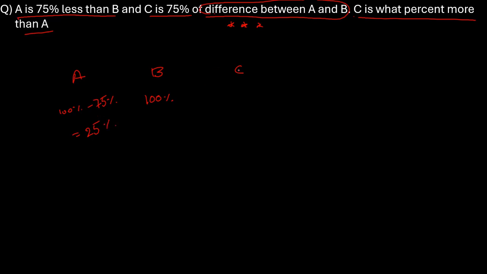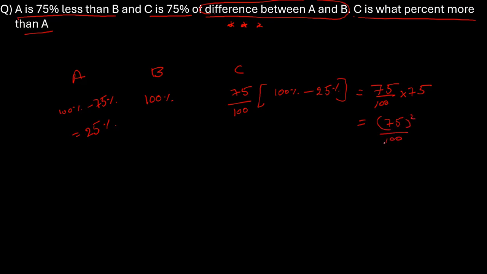And C is 75% of the difference between A and B. So the difference between A and B is 75%. So 75% of 75 is 75 squared upon 100.